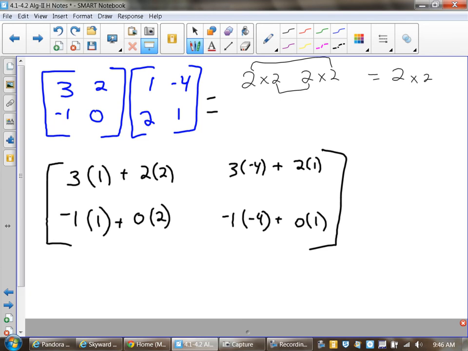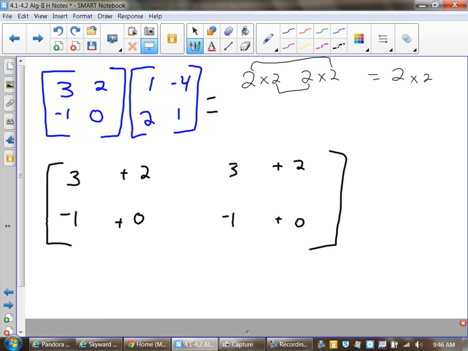Remember, what we're doing here is we're writing down the first matrix twice because it's going to be a 2 by 2, so you write it down twice.